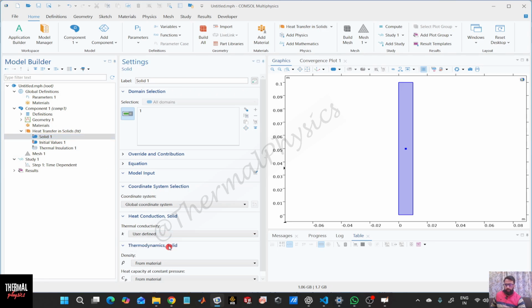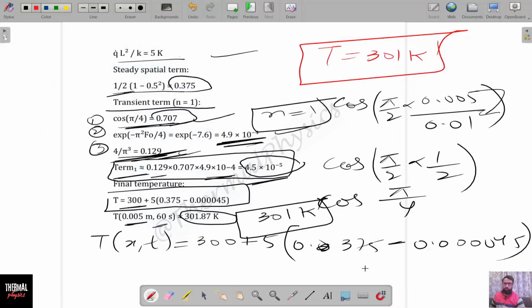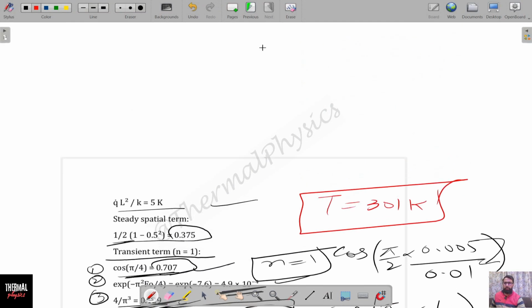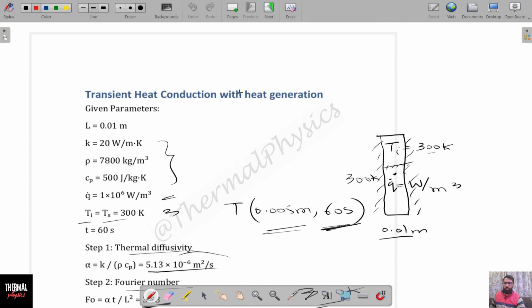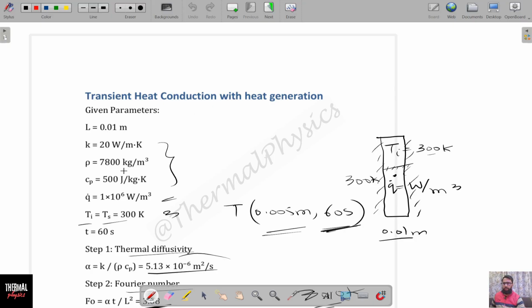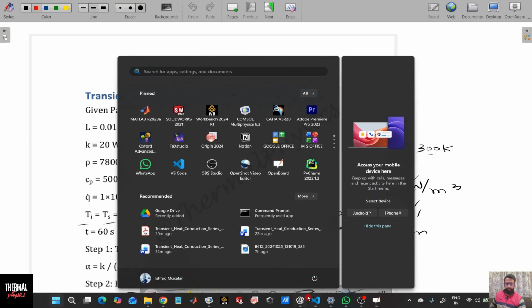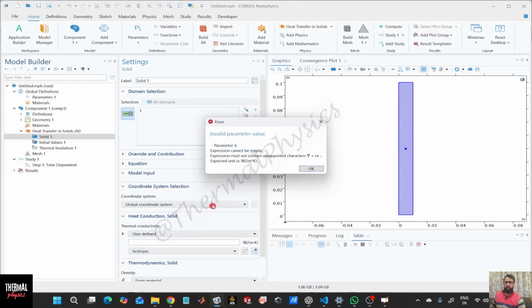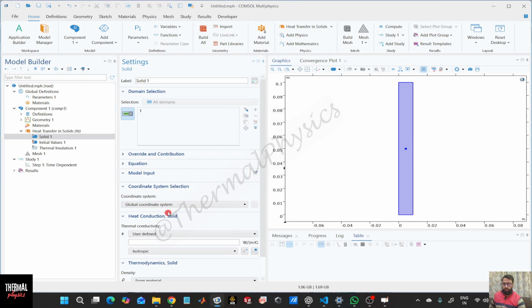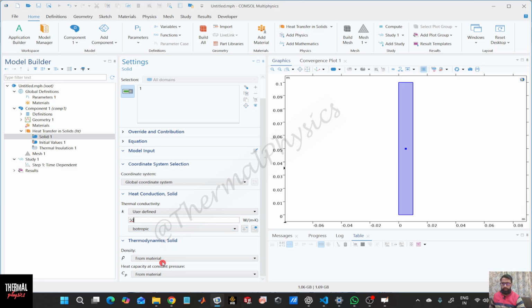We will input our k value, and if we check from the problem, this k value is 20, rho is 7800, and cp is 500, and q dot is 10 to the power 6 here. So we'll go to COMSOL back. So our k value is 50 in SI units.